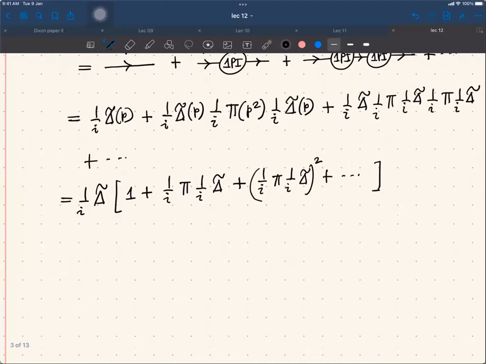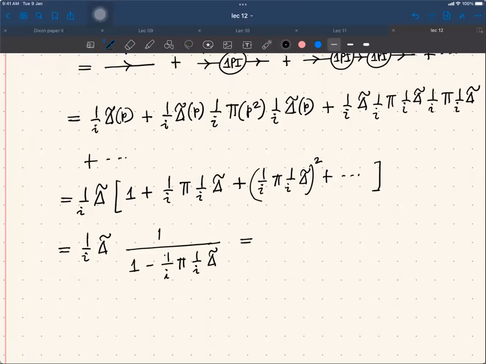So that's a geometric progression, and we can use the formula 1 over 1 minus the ratio, so 1 by 1 minus 1 over i pi times 1 over i delta tilde.